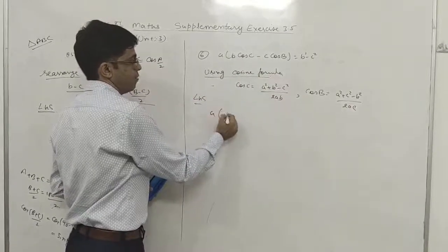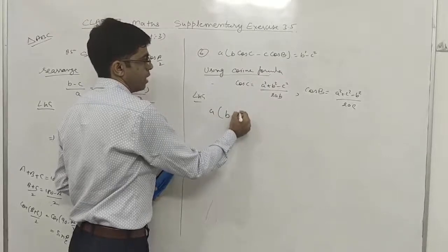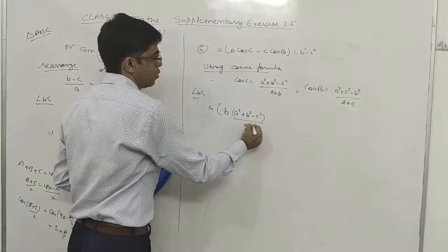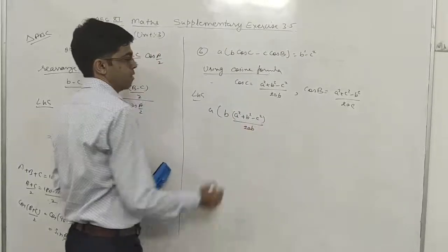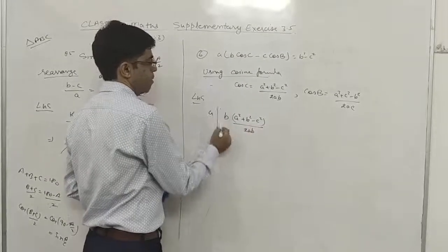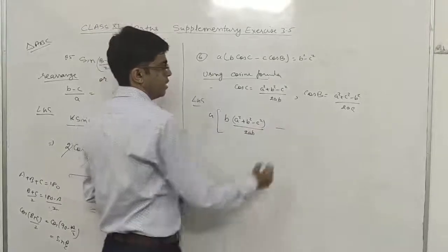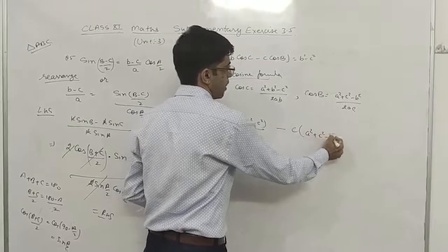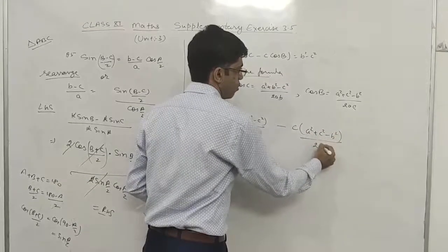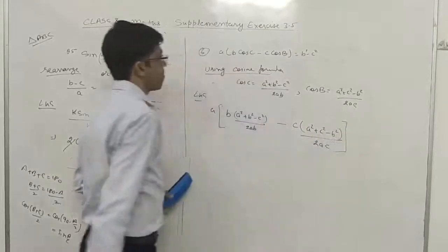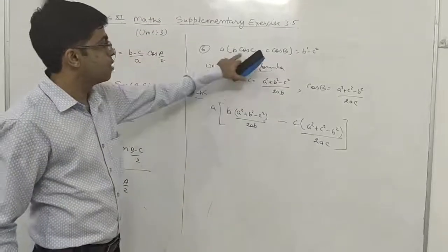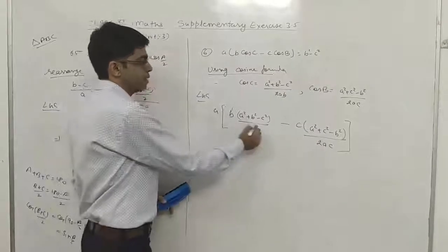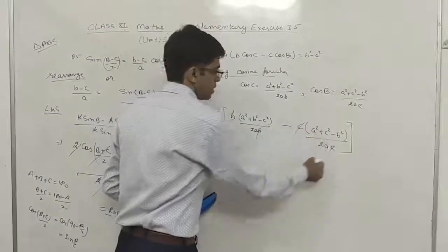So a b cos C is a square plus b square minus c square upon 2ab, minus c multiplied by (a square plus c square minus b square) upon 2ac, bracket close. This is the b, this one is the cos C formula, and c, this one is the cos B formula. Now simplify this: b cancels out, c cancels out.